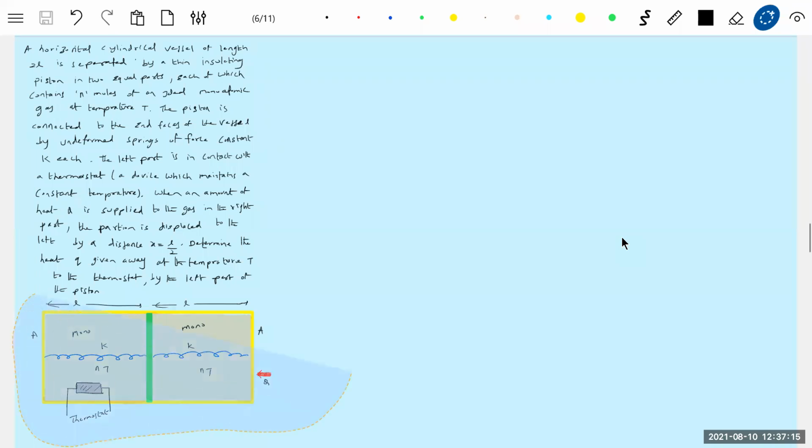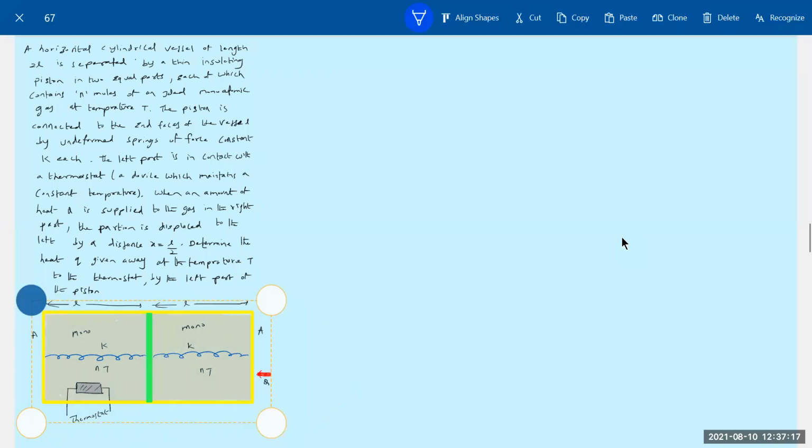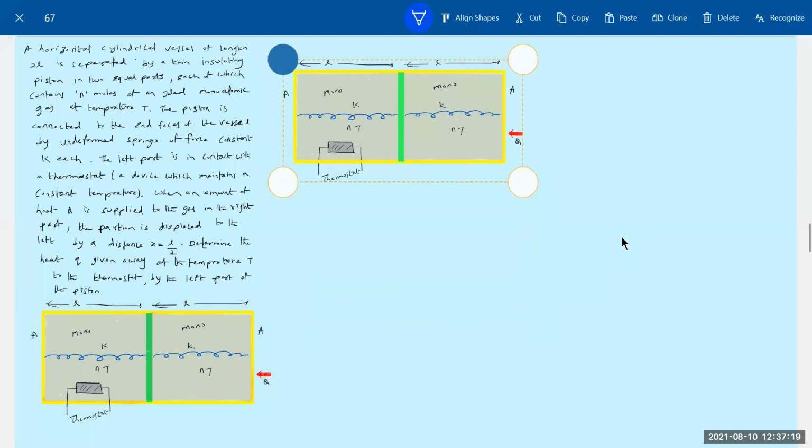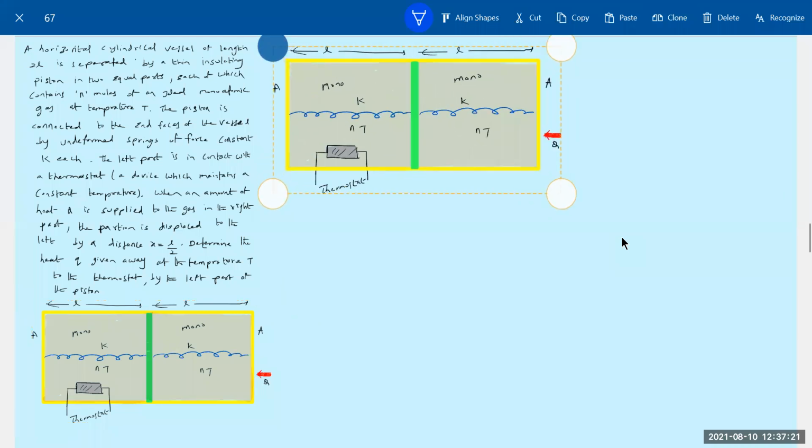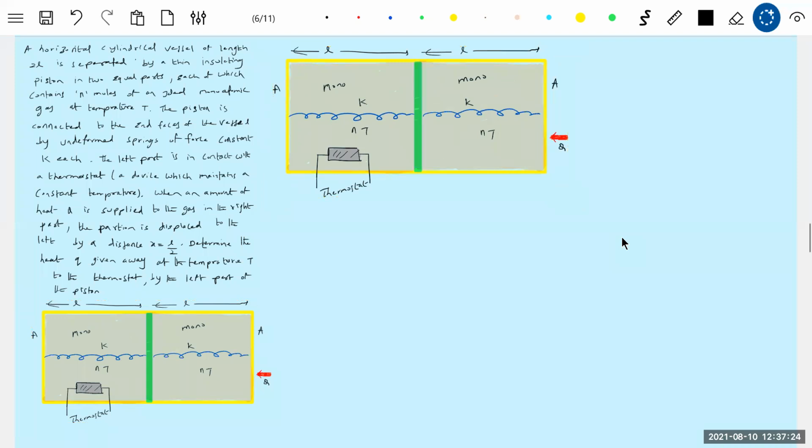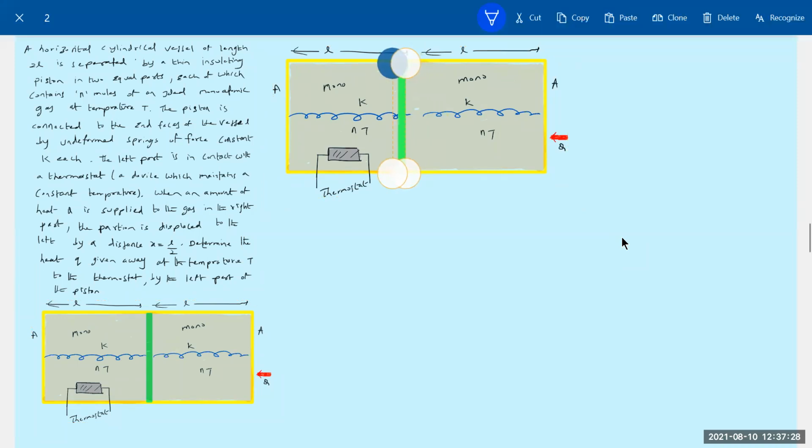So after supplying heat, what actually happens? Let's see. This particular piston will get shifted up.